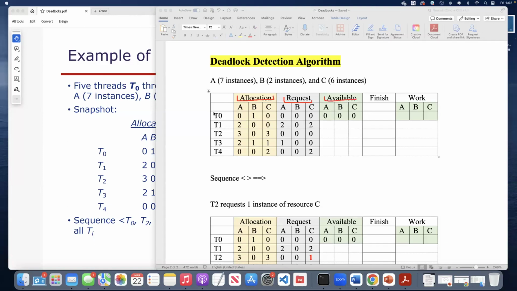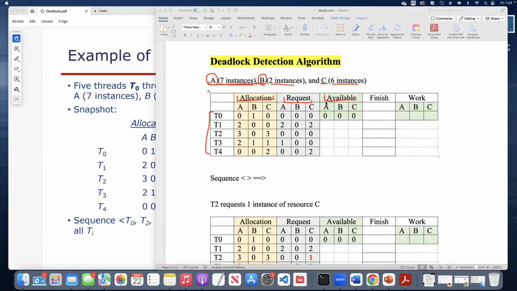In this example, we have 5 threads, so n equals 5, and three resource types, so m equals 3. We have the resources A, B, C. These are resource types. Resource type A has 7 instances. Resource type B has 2 instances. Resource type C has 6 instances.